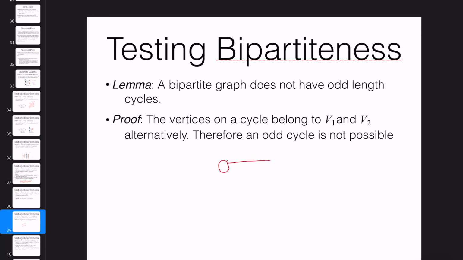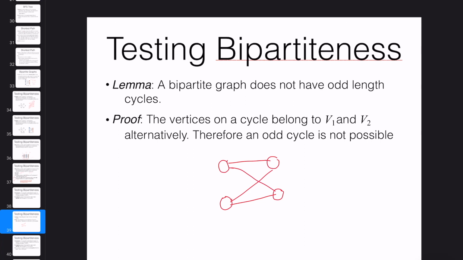If the graph is bipartite, you go to one of the nodes in the other set. It's not possible to go to any of the nodes in the same set. And from this node, you go back to one of the nodes in the original set, right? And from this one, there is no edge within the set. So if you are looking for a cycle, you have to go to one of the nodes here, and then you come back here.